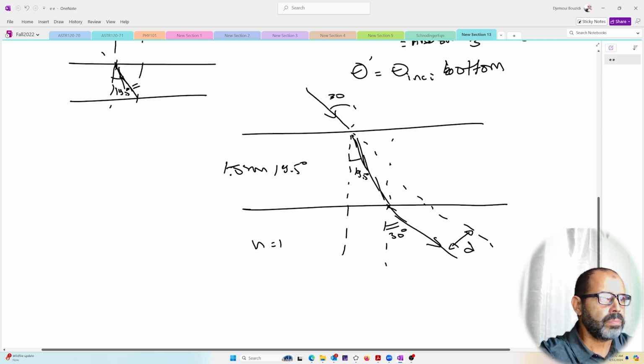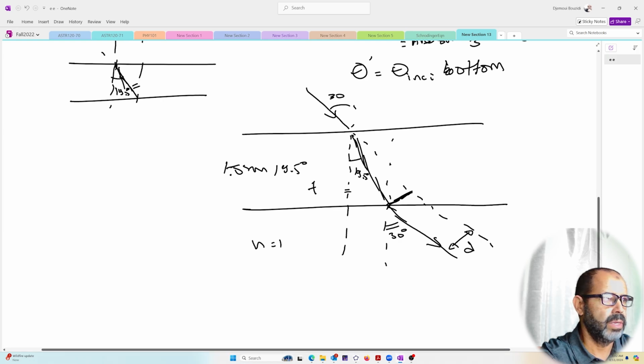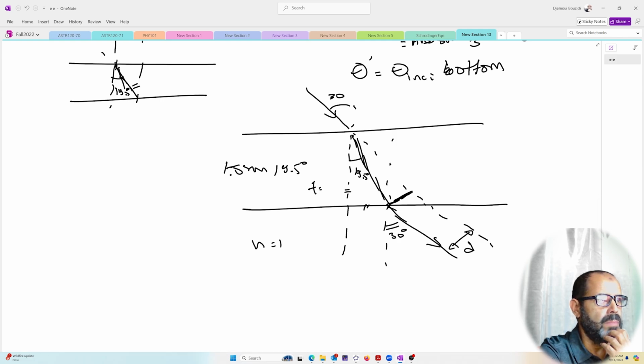Okay, we can look at it from this geometry in here. Obviously, this is D itself. I mean, this is the thickness of 2 centimeters. So this is, I'm going to call it T. So that is T equal to 2 centimeters. Trying to find a way so we can find this distance where it's going to land, just by looking at the sine of the 19.5 degrees being equal to the opposite over that.